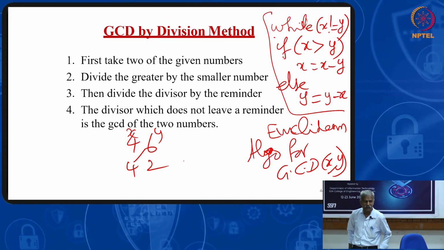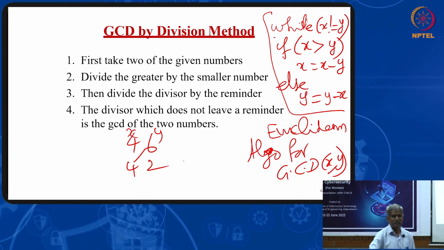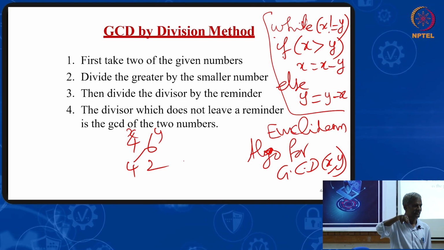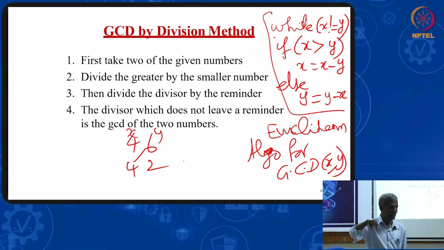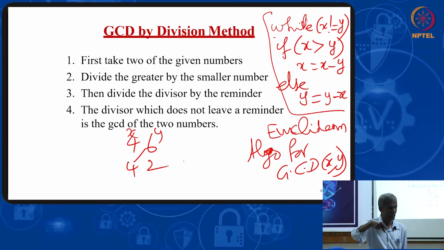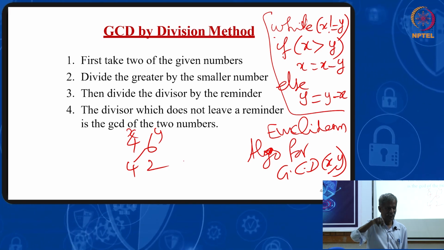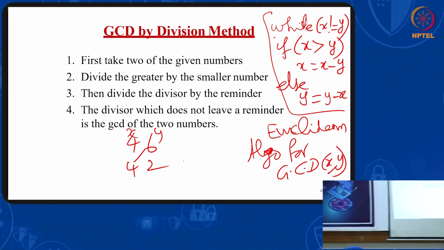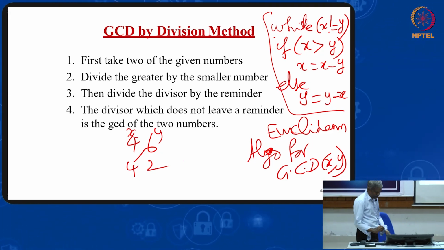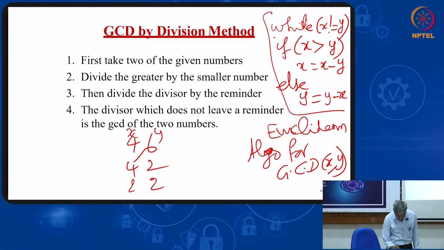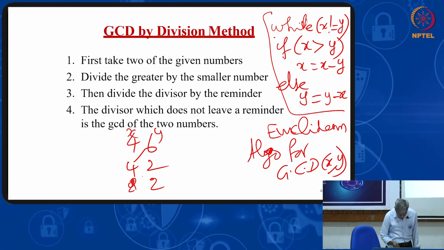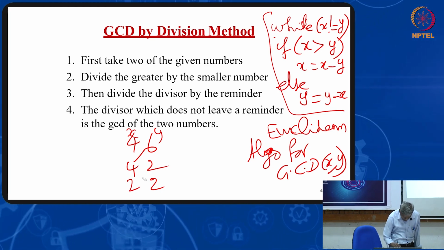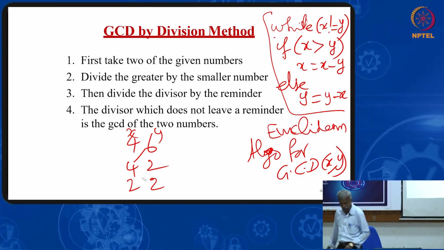Now let us start once again from the while loop. Is x not equal to y satisfied? Satisfied. Is x greater than y? Yes. Therefore, we come to the if part, so x becomes 2. Now x is 2 and y is also 2.